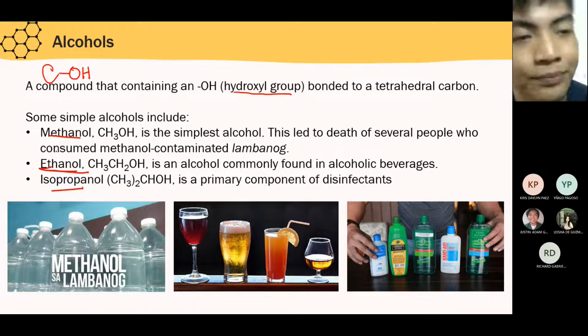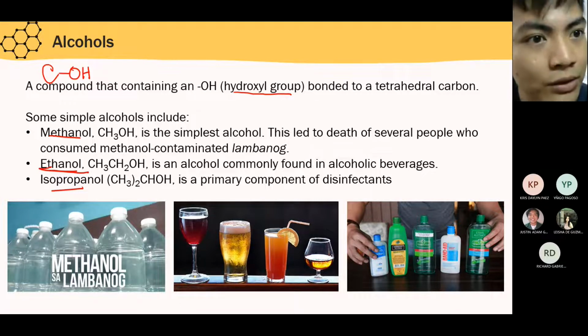So, kailangan ito. So, ang mangyari, yung glucose from, let's say, buko juice, yun yung ginagamit sa lambanog, di ba? Buko juice, o kaya minsan asukal lang, glucose. So, yung sugar na yon, i-ferment yon using bacteria.